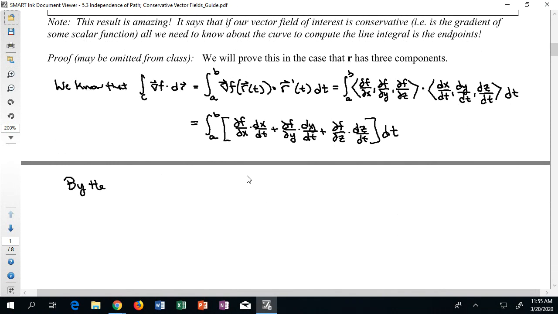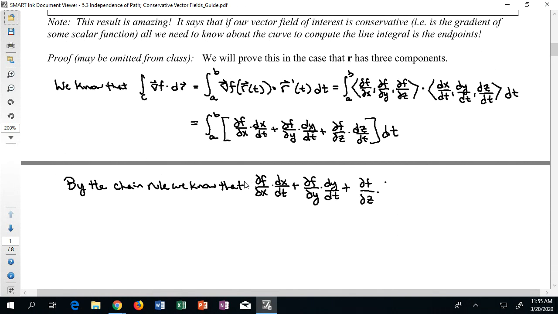So by the chain rule, we know that if I was to write all of this back out, it resembles, again, a chain rule. But a chain rule of what? It seems to represent a chain rule of f of r of t, right?